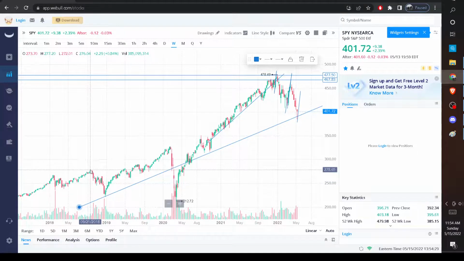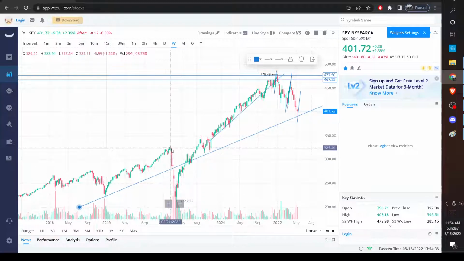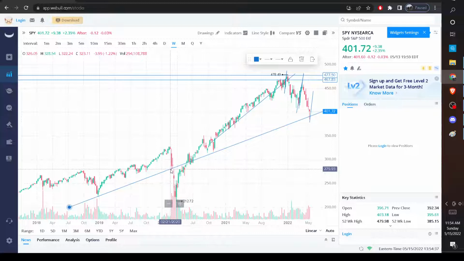We actually had this crash here in 2018. We bounced off right here. And then in our 2020 crash, it would have looked like we could have bounced off here. But instead, we actually knifed down and had capitulation. Now, once we got back above this level, that's when we really started rallying again.